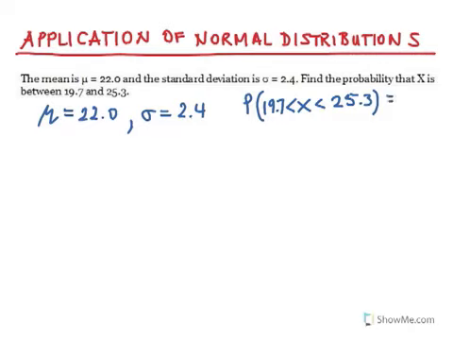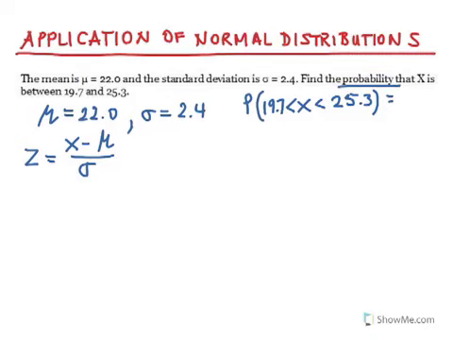So since we don't have the z-score, we can easily find the z by using the formula x minus mu over standard deviation. Now, why do we need to find the z? We need to find the z because by knowing z, we can find the area. And by knowing the area, we know the probability.